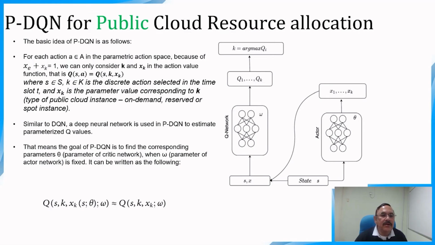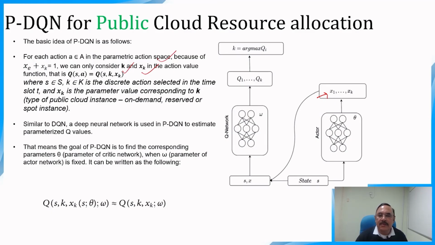The basic idea of PDQN is as follows: for each action a in a parameterized action space, here you can see, because x_e plus x_k is equal to 1, we can consider k and x_k in the action function.